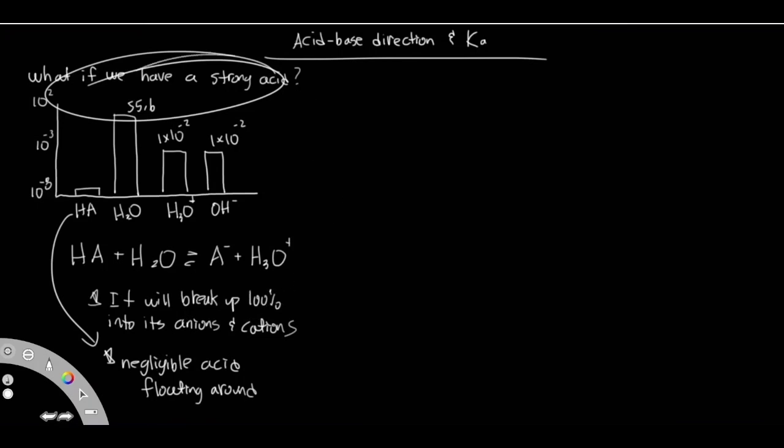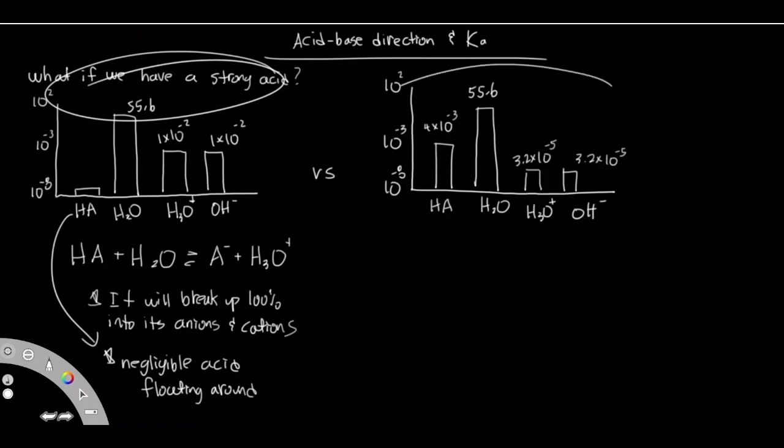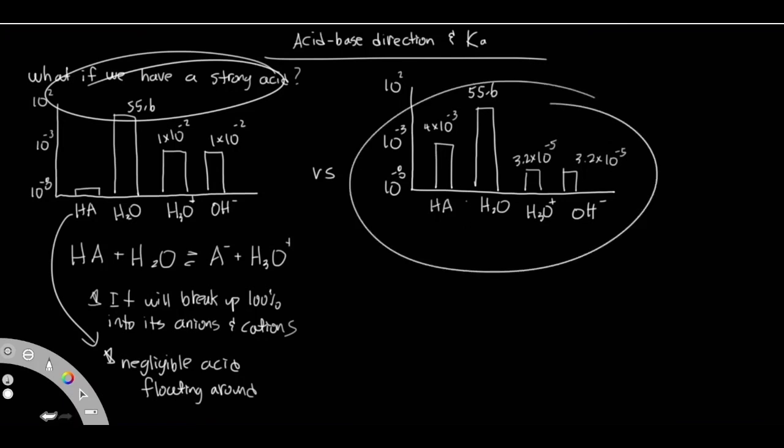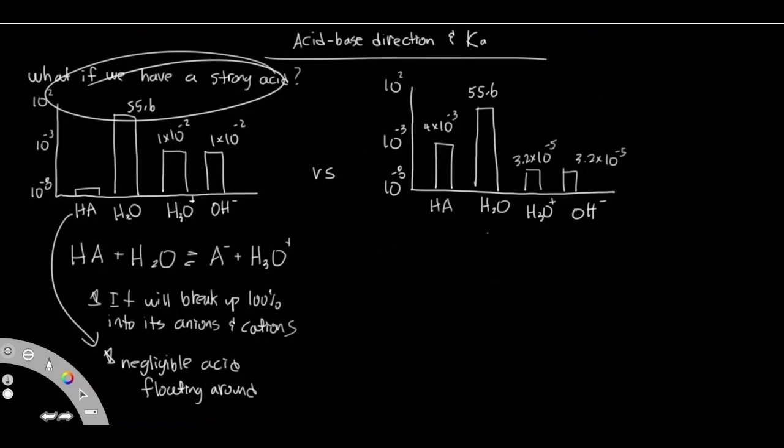Now, if we compare this strong acid example versus this kind of graph, we can see that it's very similar to the example before this one. This here was the strong acid. I'm talking about the example before that. You can back up the video a little bit. When we looked at H2O, it has a similar feature over here. Rather than just looking at H2O right now, though, we are adding another acid, HA.